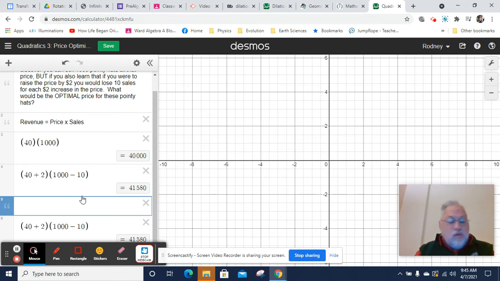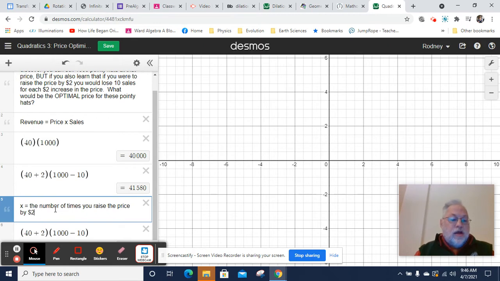So what we want to do is come up with an equation for price in terms of the number of steps, and sales for any number of price hike steps. So I'm going to say X equals the number of times you raise the price by $2.